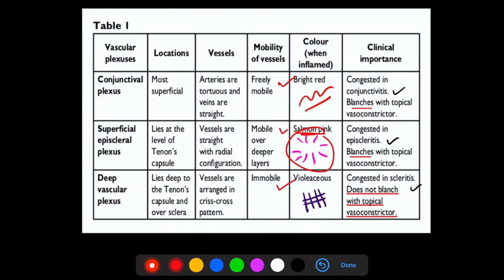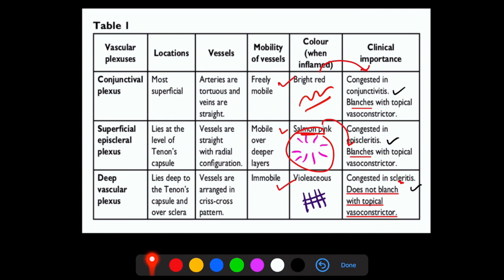As we just discussed, the conjunctival plexus is going to be congested in conjunctivitis, the superficial episcleral plexus will be congested in episcleritis, and the deep vascular plexus is going to be congested in scleritis. But the difference doesn't end there. The conjunctival plexus and the superficial episcleral plexus both will blanch with a topical vasoconstrictor, whereas the deep vascular plexus will not blanch.